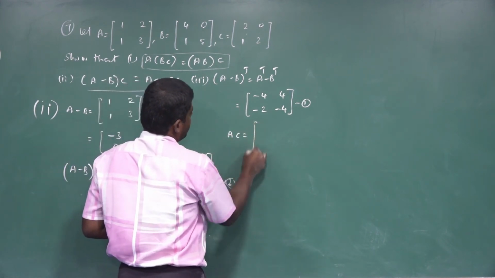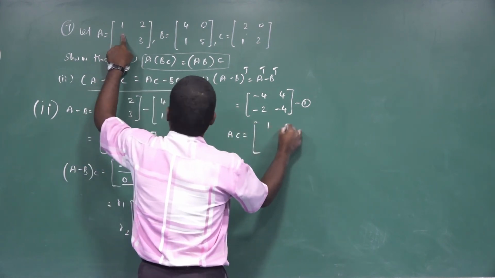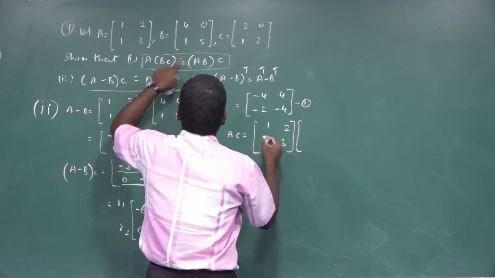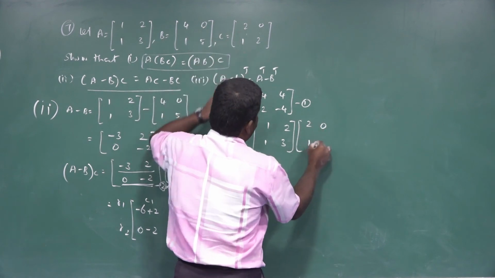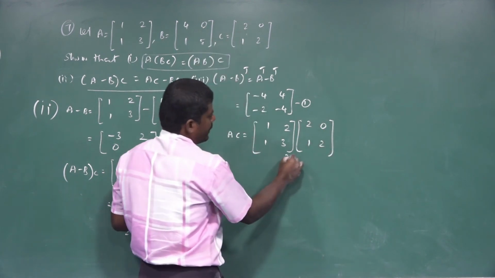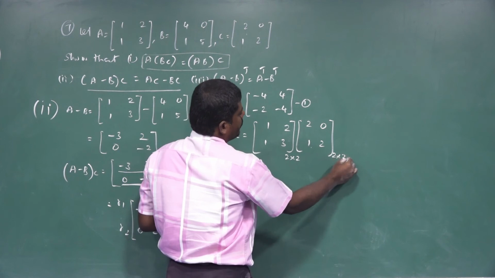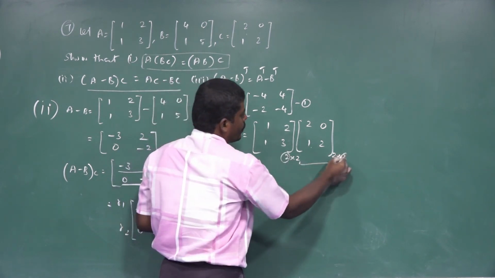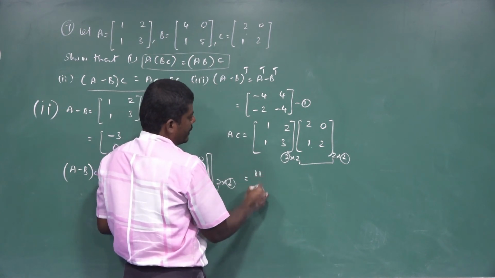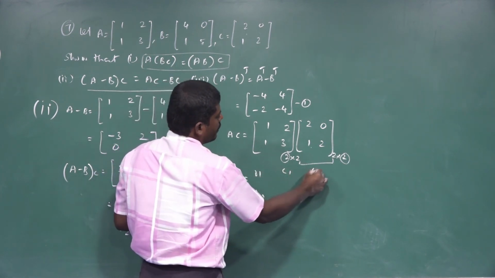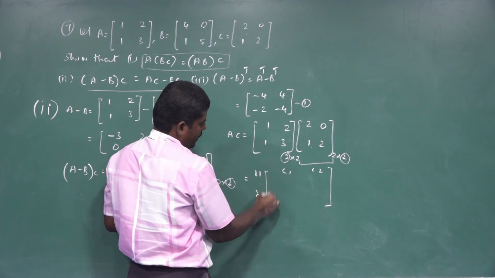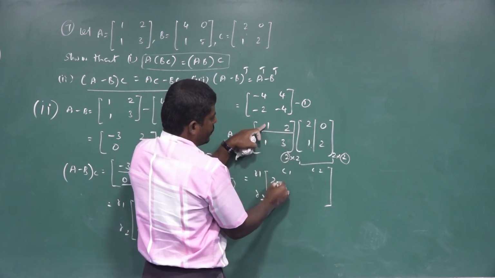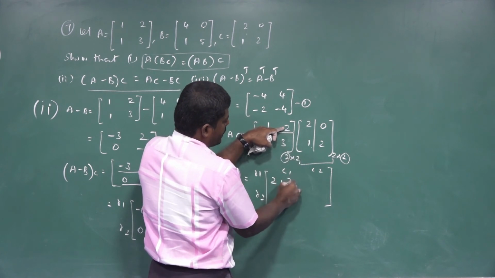AC is equal to A matrix 1, 2, 1, 3 multiplied by C matrix 2, 0, 1, 2. This is a 2 by 2 matrix, this is also a 2 by 2 matrix. Matrix multiplication is possible. Our result order is 2 rows and 2 columns. Take first row, first column. 1 2 is 2, 2 1s are 2, plus 2.